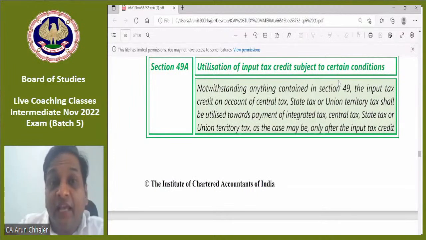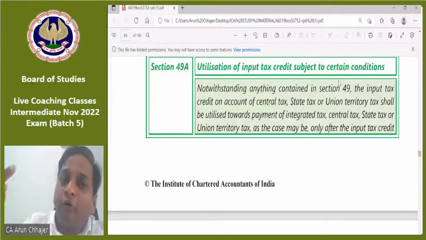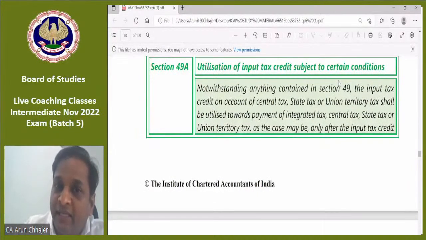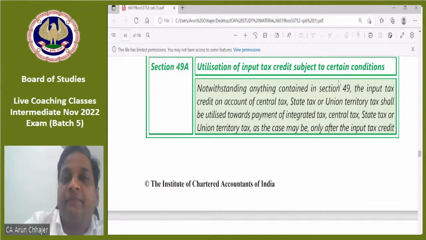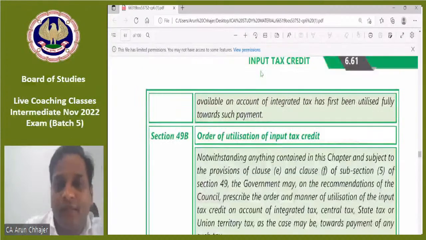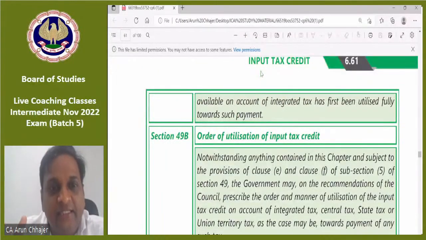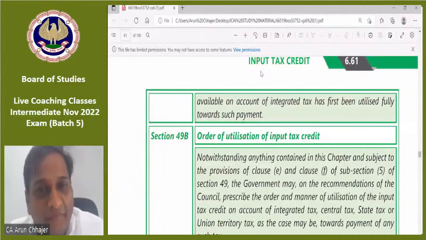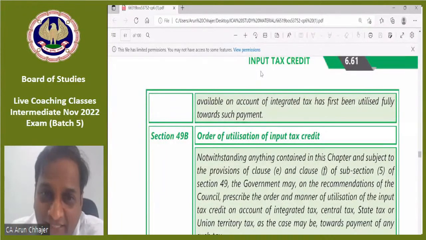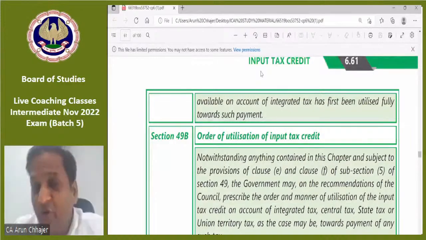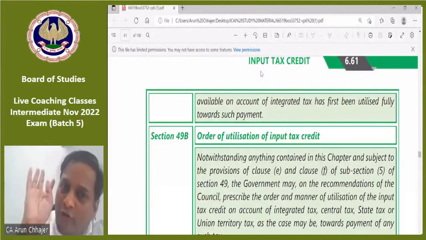CGST ITC, SGST ITC give the amount to its own tax liability unless and until the IGST is exhausted. What is the meaning? The meaning is if the CGST needs some amount, you understand. Let's say I'm talking about CGST.